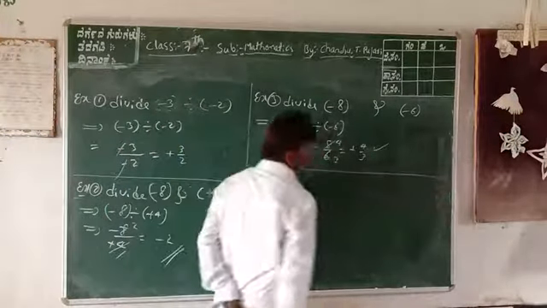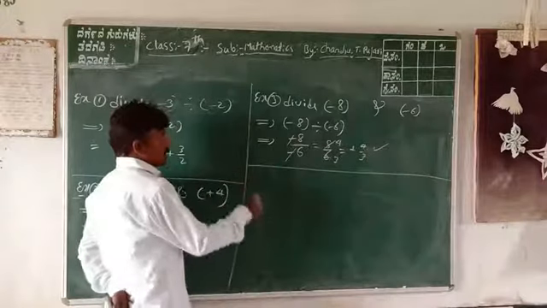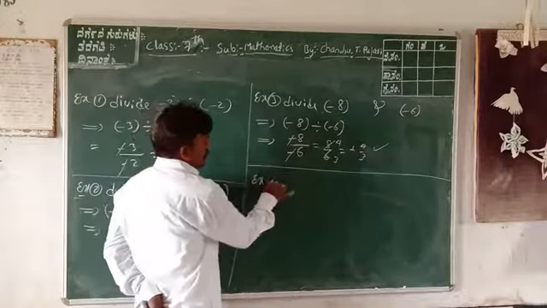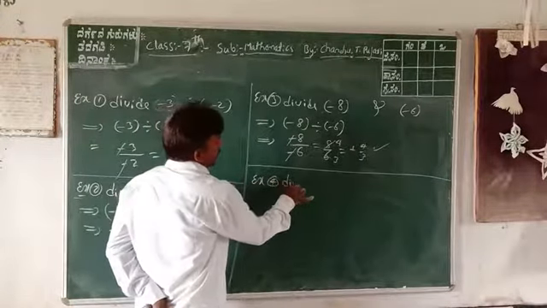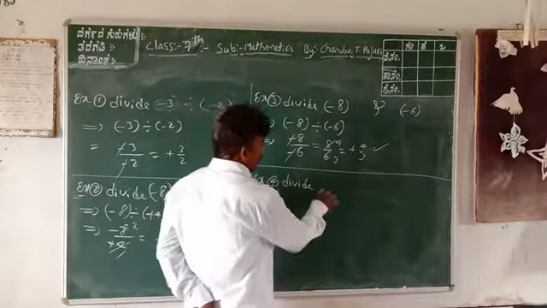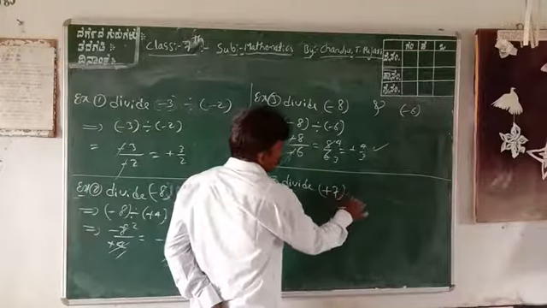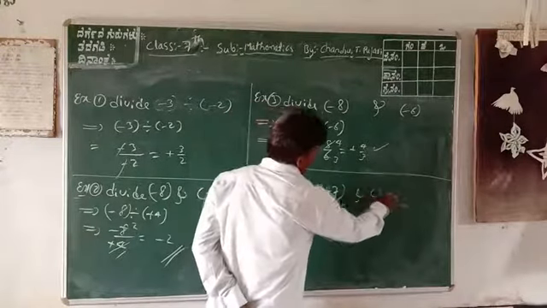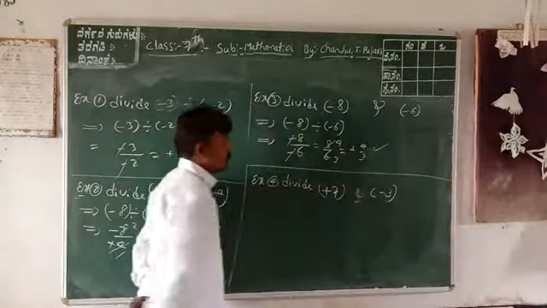Next one, you can choose any. Example number 4: divide plus 7 and minus 3.